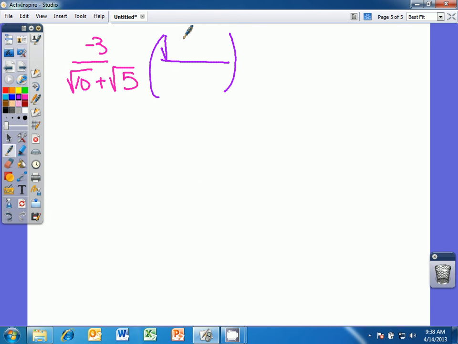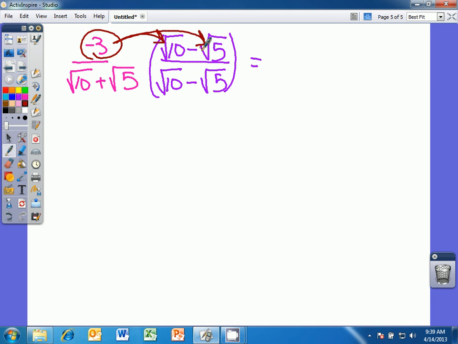So I'm going to multiply numerator by radical 10 minus radical 5, and then the denominator by that same thing, radical 10 minus radical 5. My first part of simplifying, then, I need to distribute the negative 3 in the numerator. So my numerator becomes negative 3 radical 10 plus 3 radical 5. I have a negative times a negative, so I now have a positive expression here.